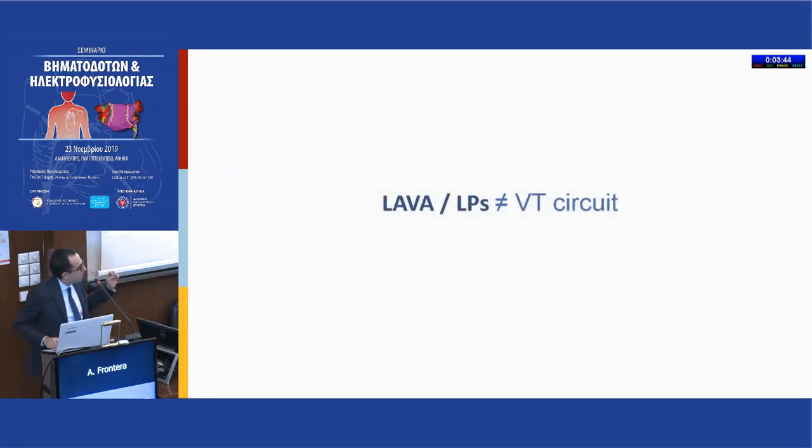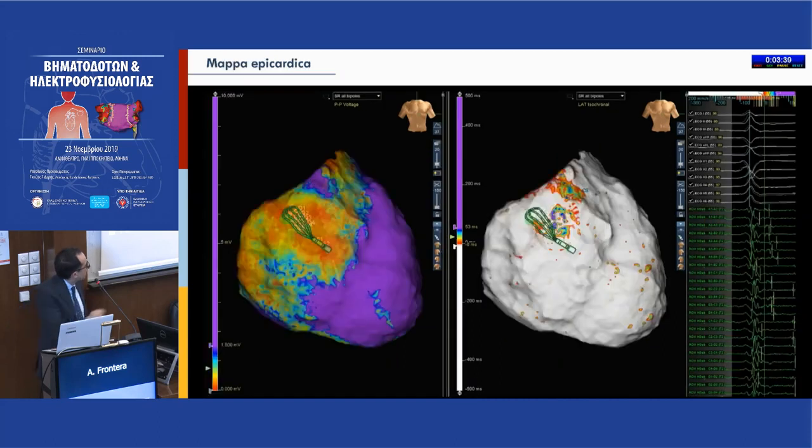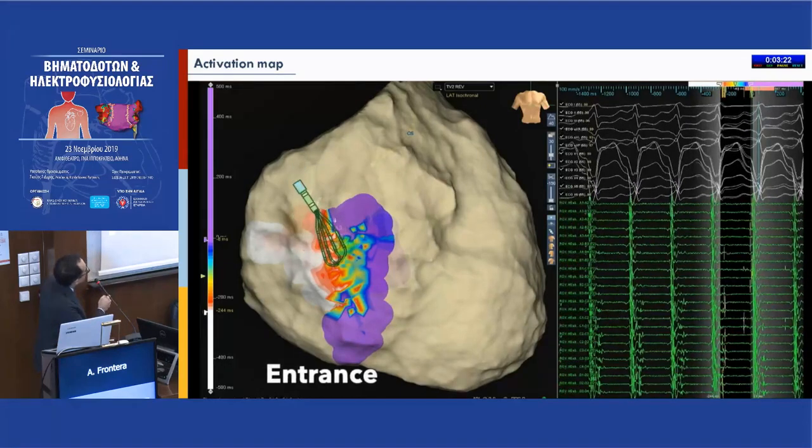But sometimes the late potentials are not the VT circuit. You see here is an epicardial map of an ARVD patient, and here is the extended area of scar, and this is where we found the late potential. You see the late potential here, and when we mapped the VT it was a little bit below.